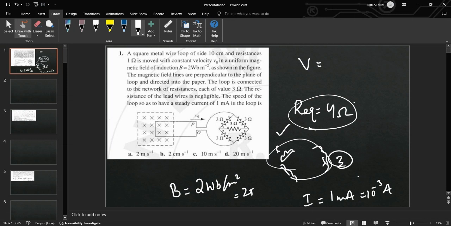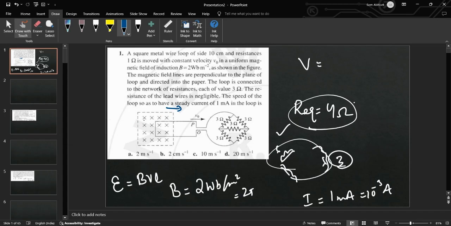Whenever the wire is inside a magnetic field, what is the potential difference? If you remember, the EMF induced will be BVL. Why is the EMF there? Because the loop is moving out of the magnetic field. That's why there will be a change in magnetic flux through the loop.